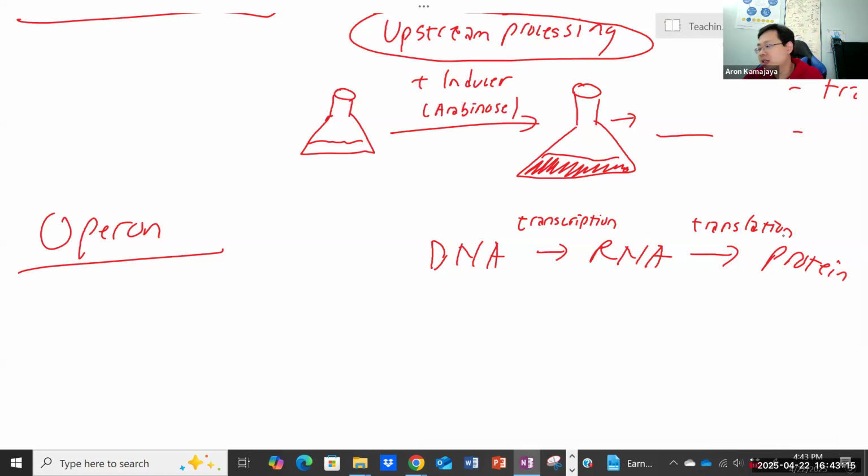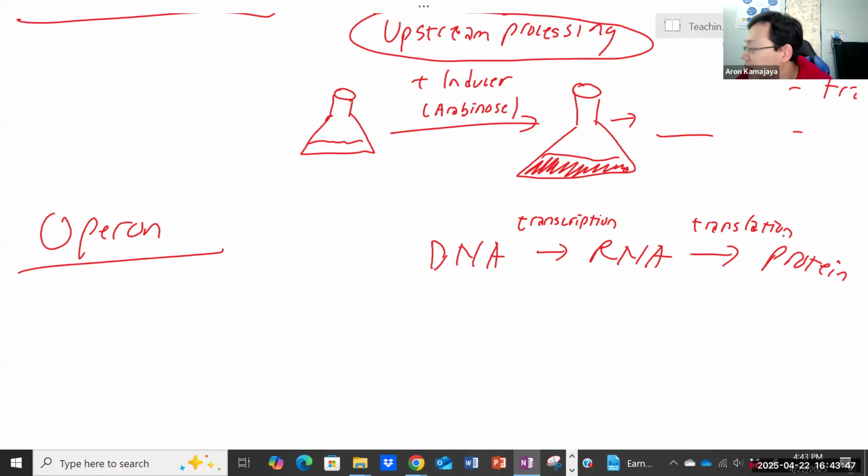Whereas protein is a completely different language, right? The monomer is amino acid, and you have 20 different amino acids. So you're essentially converting nucleotide language, which only has 4 letters, into amino acid language, which has 20 letters, right? And that process is therefore called translation, right?